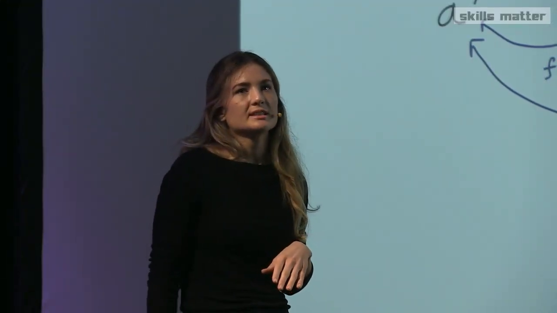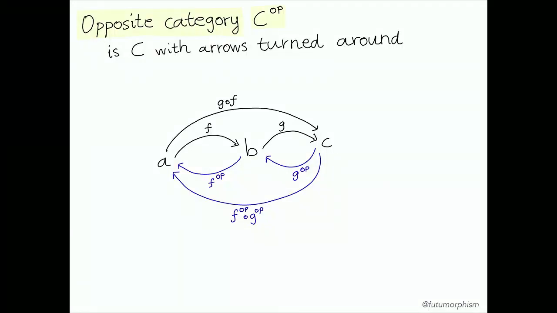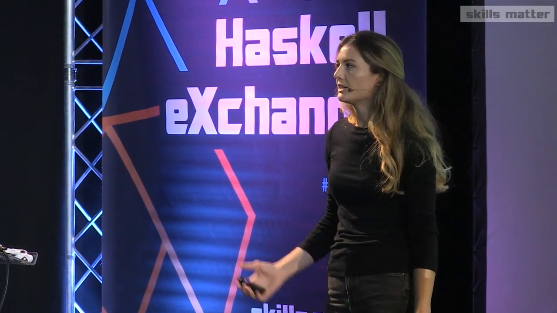And this brings us to the concept of duality. So if we have any category C, we can define the opposite category of C by turning all the arrows around. And if two morphisms are composable in C, they're also composable in the opposite category, but in the opposite order.